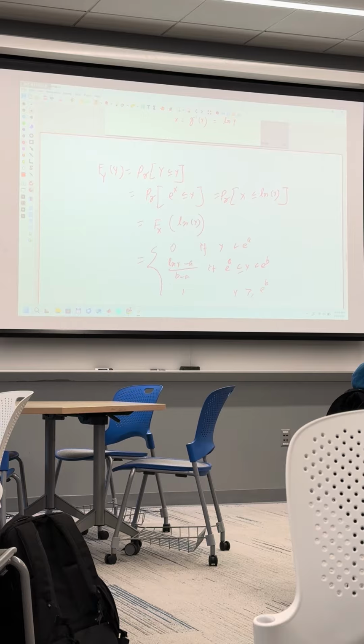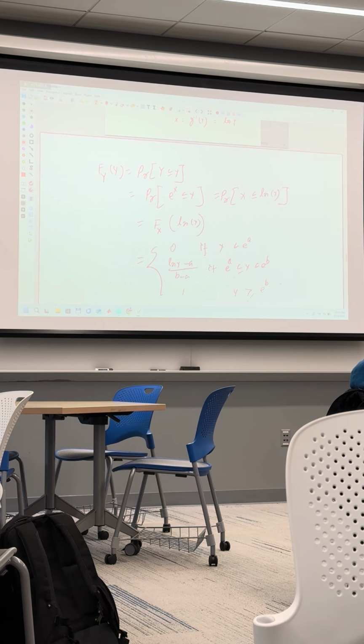The difference between the previous example and this example is that here we know the distribution of the random variable, and in this example we know the explicit expression of the CDF. So therefore it is not in the form of the CDF of random variable x only. So you have an explicit expression.